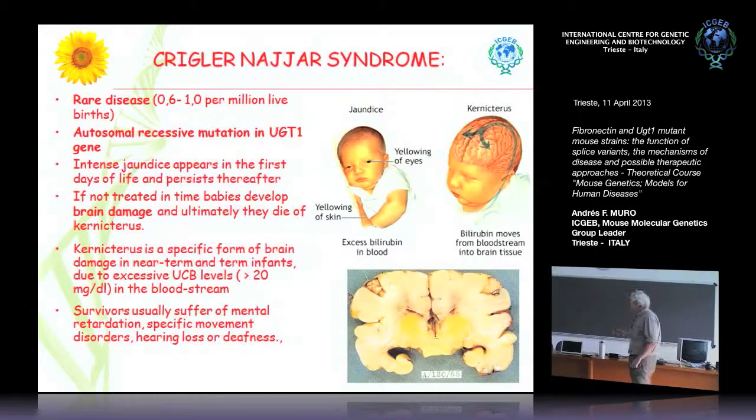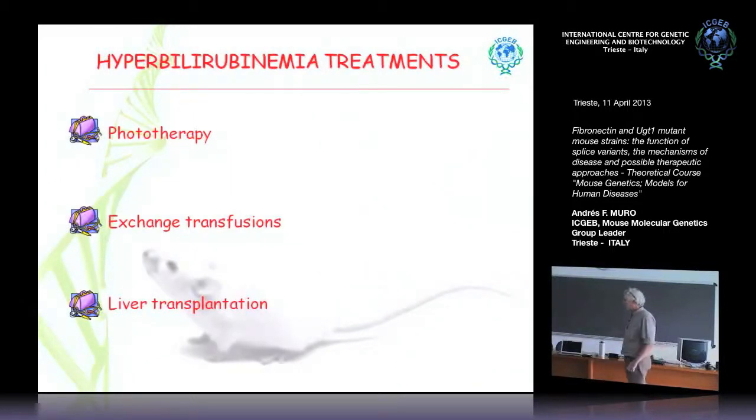And until now, there are some strategies to avoid the disease, and the most common one is phototherapy. I suppose most of you may know that in some cases a newborn can also have hyperbilirubinemia that is transient, because the system in the liver is still not active, so the baby has high bilirubin content.